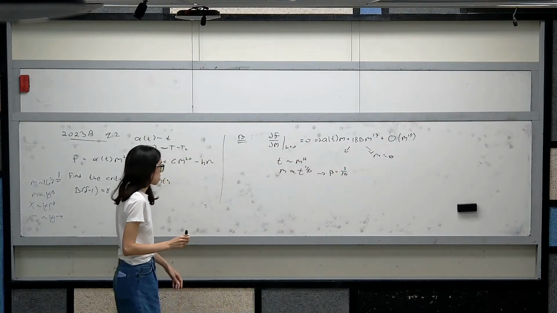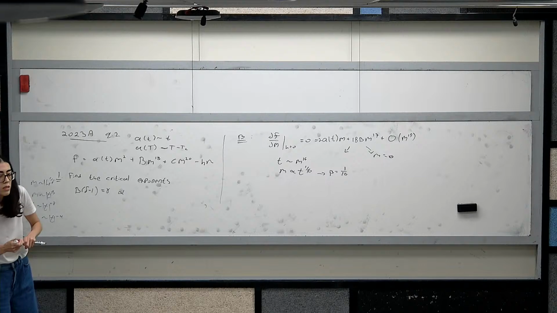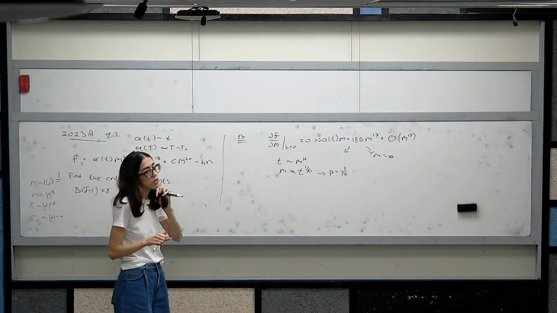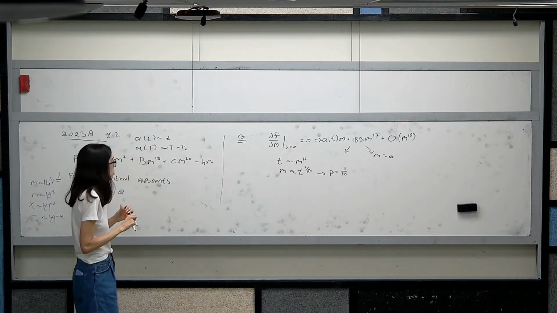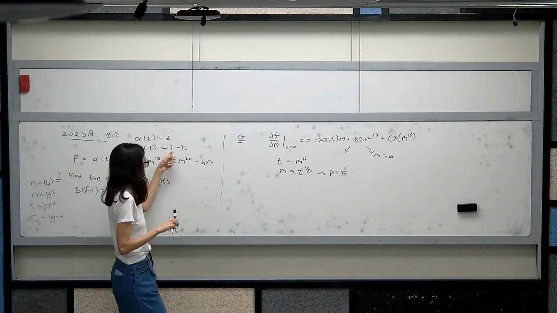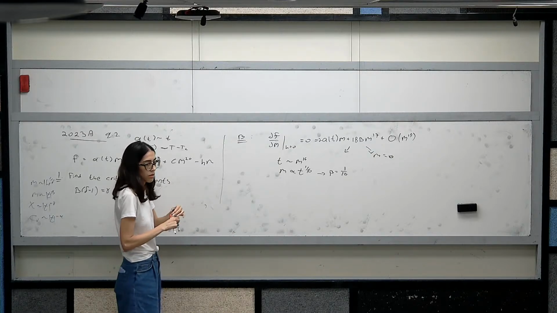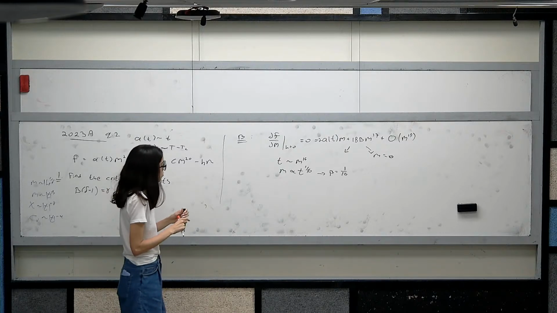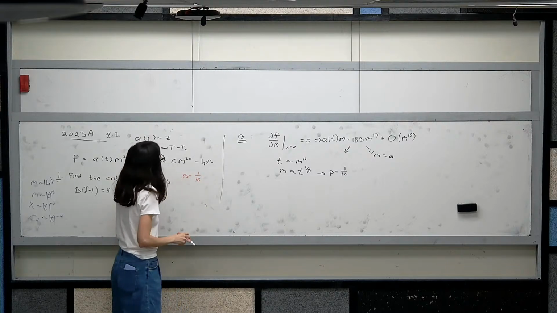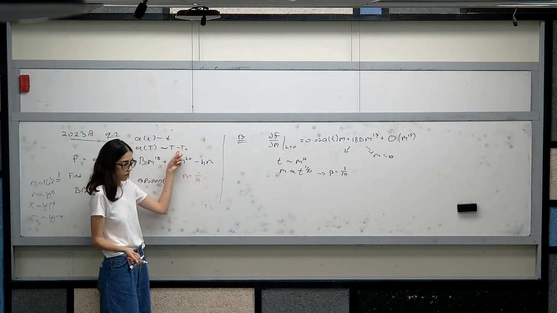Question: m equals 0 when t is smaller than 0, right? No, when it's greater than 0. M equals 0 when t is greater than 0, and m goes like t to the power beta when t is smaller than 0. When this is smaller than 0, it means that t is smaller than the critical temperature.